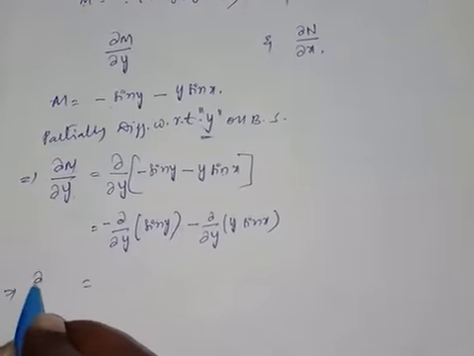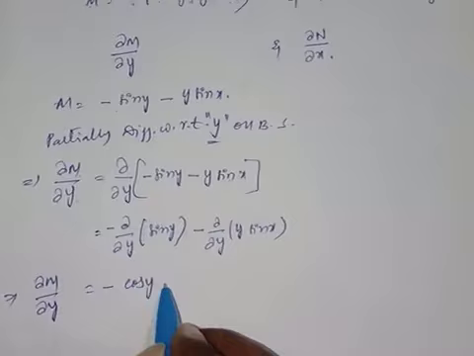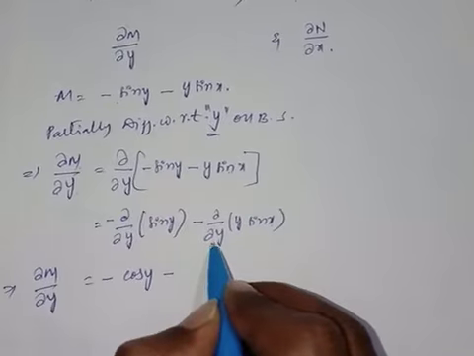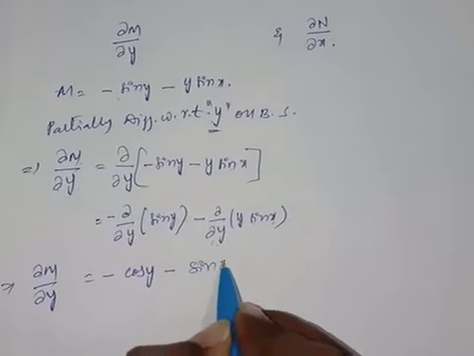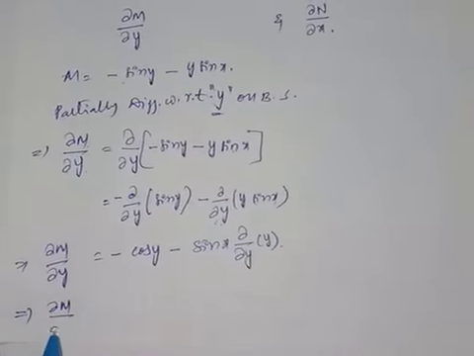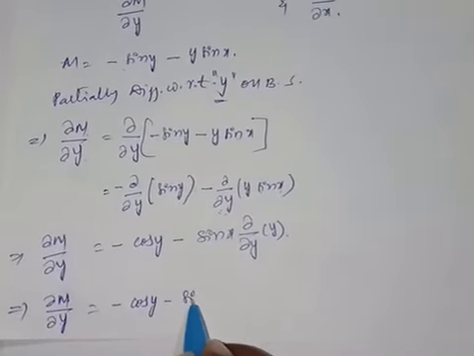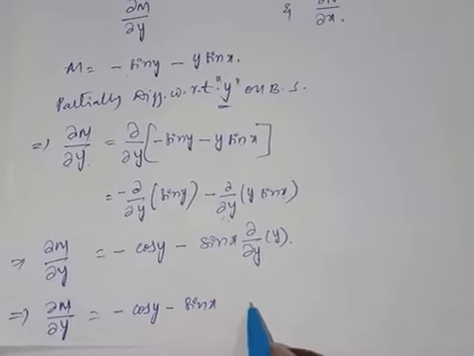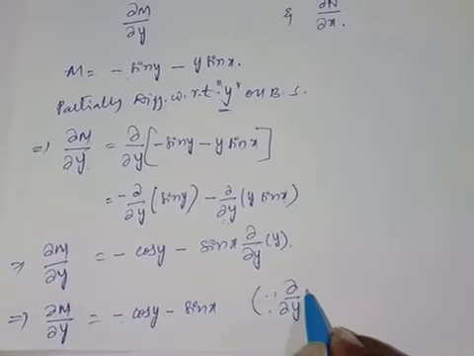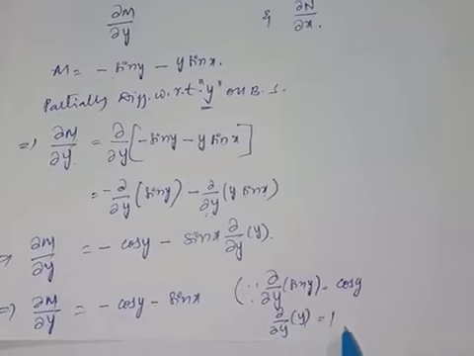So ∂M/∂y is equal to −cos y, minus, since the derivative is with respect to y and the variable is x, this is partial differentiation, so sin x is constant; take it outside: sin x times ∂/∂y of y, which is 1. So ∂M/∂y is equal to −cos y − sin x, since ∂/∂y of sin y is cos y and ∂/∂y of y is 1.